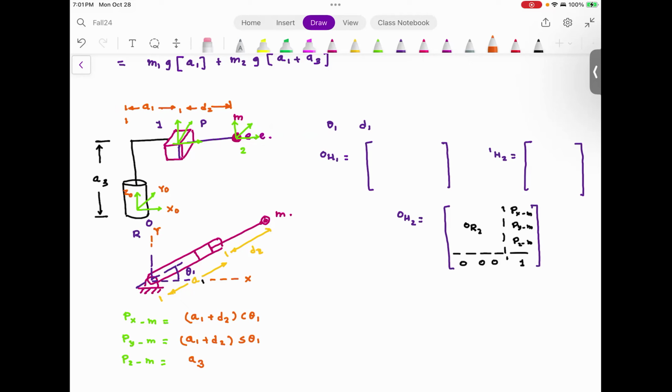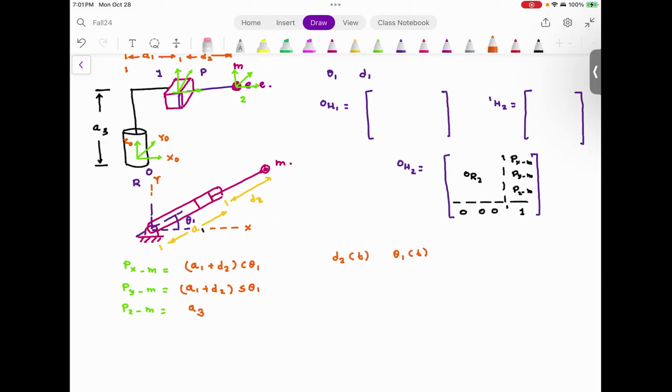Here, please note, D2 is a function of time. Theta 1 is a function of time. So when you take the derivative, you will have to take the derivative of both these terms. But we'll let MATLAB worry about that.